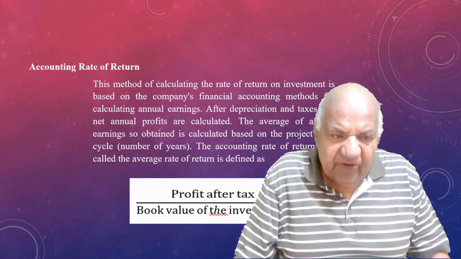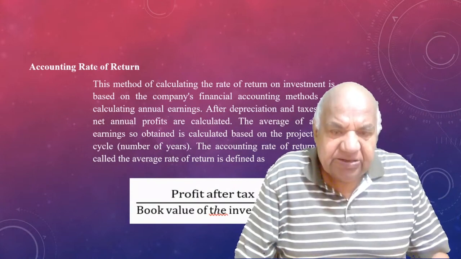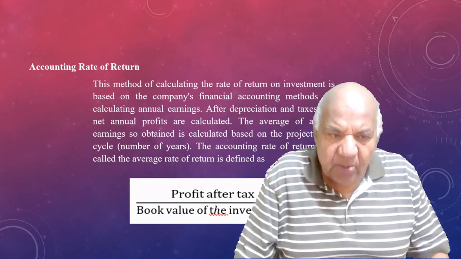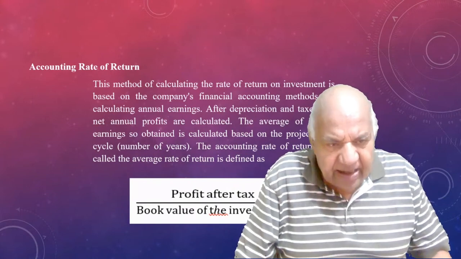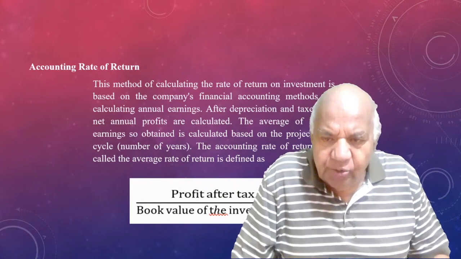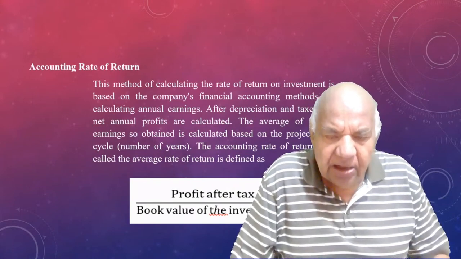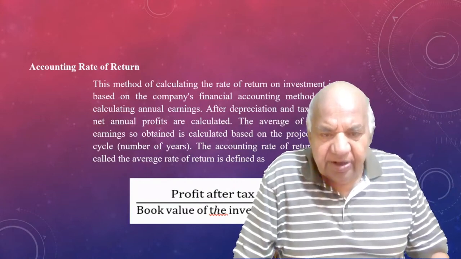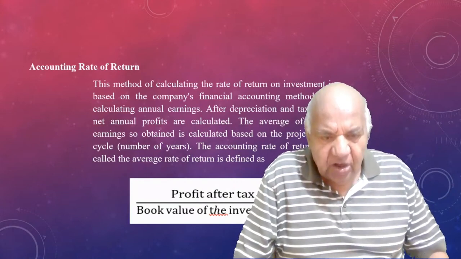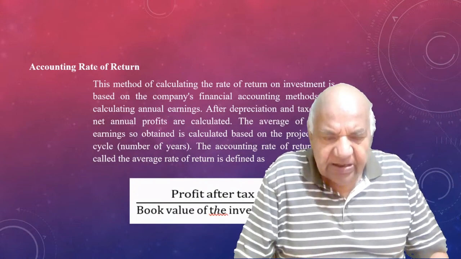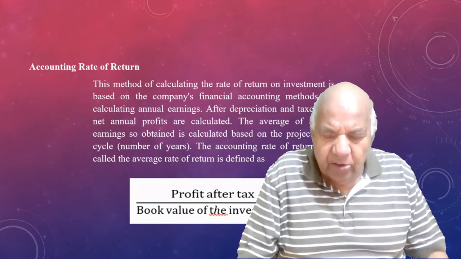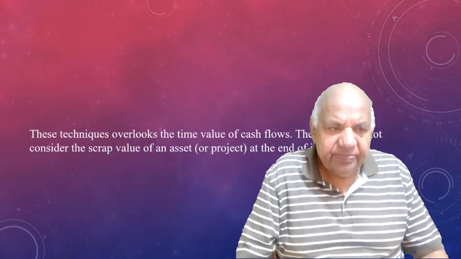The average of annual earnings so obtained is calculated based on the project's life cycle in number of years, and the accounting rate of return, also called the average rate of return, is defined as profit after tax divided by book value of the investment.